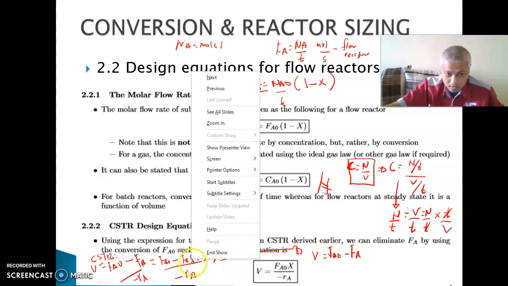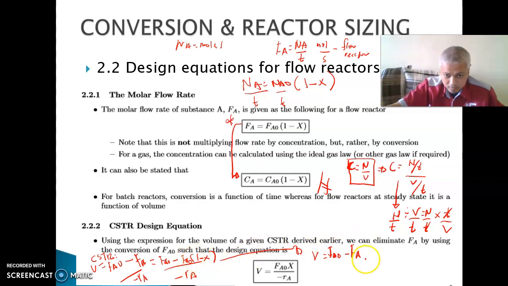Fa naught times 1 we get Fa naught, and then Fa naught times X we get minus Fa naught X. Then bear in mind we have this bracket, so we need to open the bracket.